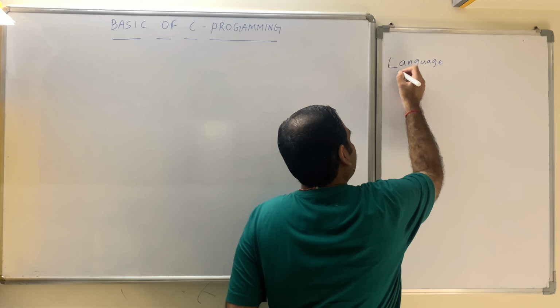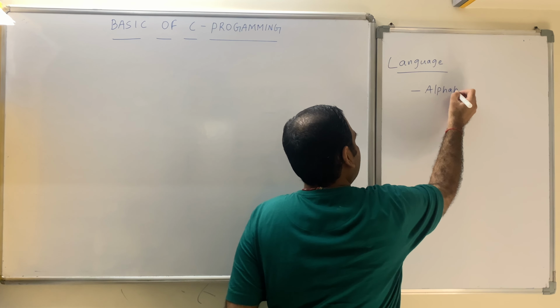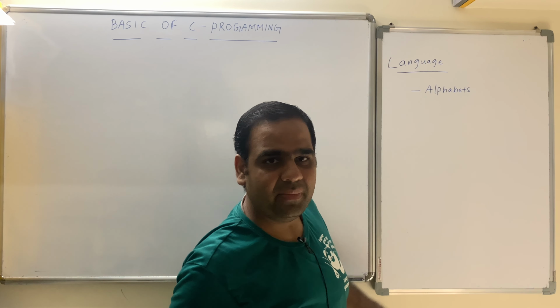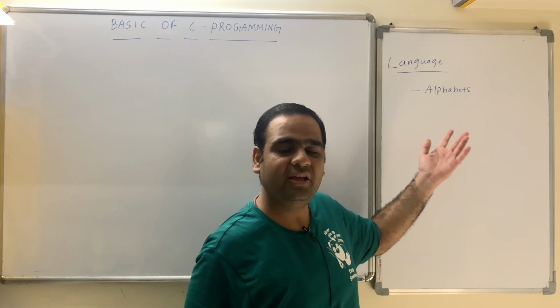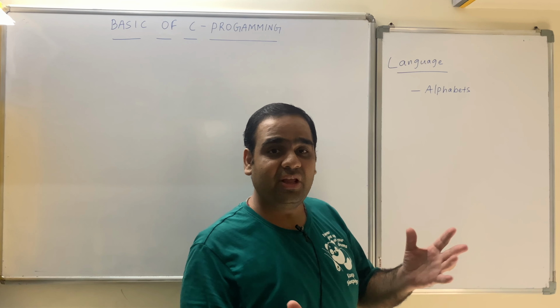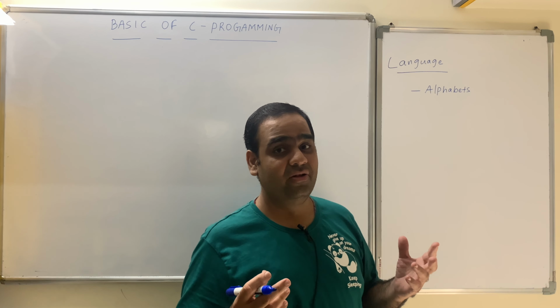Now, whenever we say language, every language has alphabets. These alphabets may be from A to Z in case of English, or the Hindi and Kannada alphabets and so on. These alphabets are grouped together to form something called a word.